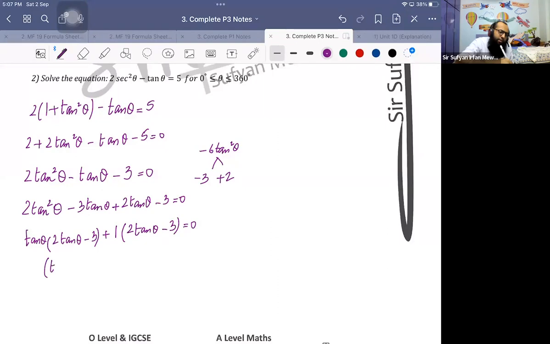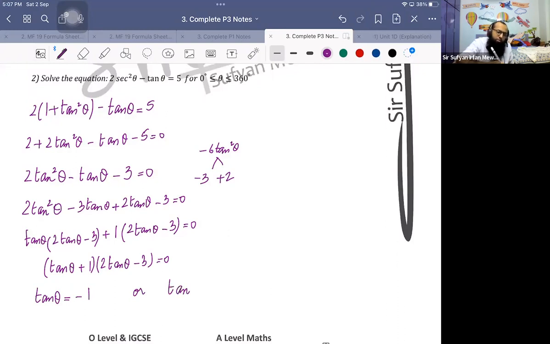Then we'll get tan theta plus 1 times 2 tan theta minus 3 equals 0. We have got two possibilities.